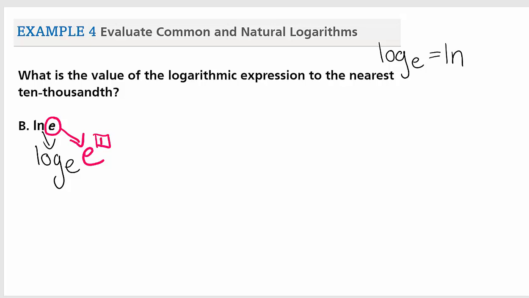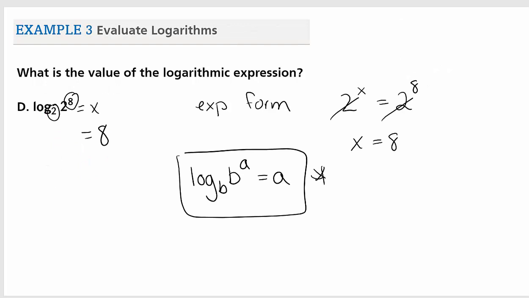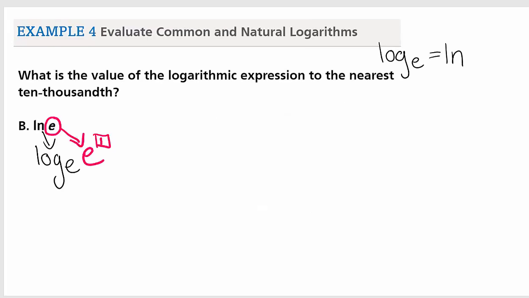Remember the rule that we talked about earlier, that any time these two numbers are identical, in our case they would both be e's, the answer is actually the exponent. So this is going to simplify to be 1. If you write that in exponential form, e to the 1 is equal to e, which is a true statement.